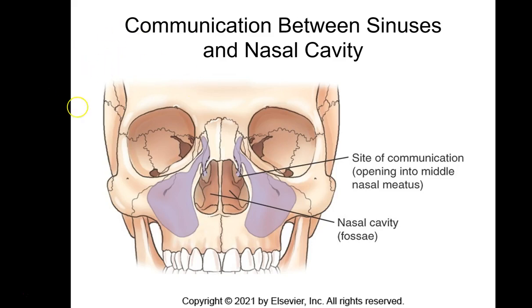I'm not going to test you on this, this is just for your information, but you can see that there's an opening here, and from the maxillary sinus, you have communication into the nasal cavity through the middle nasal meatus. Again, not super important that you write that down.